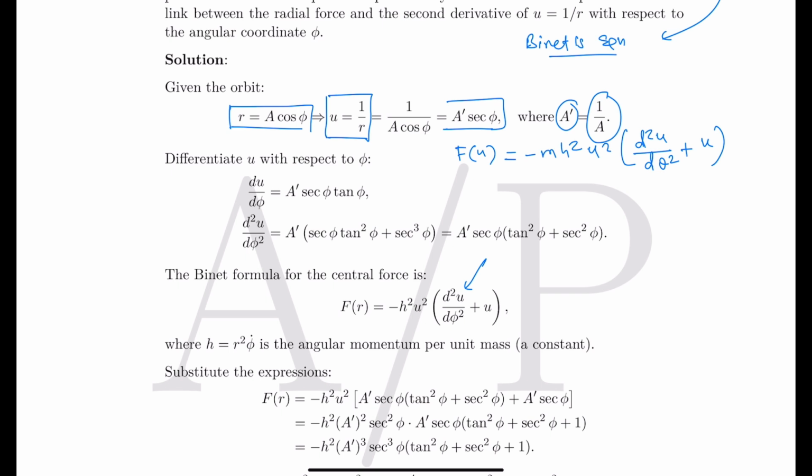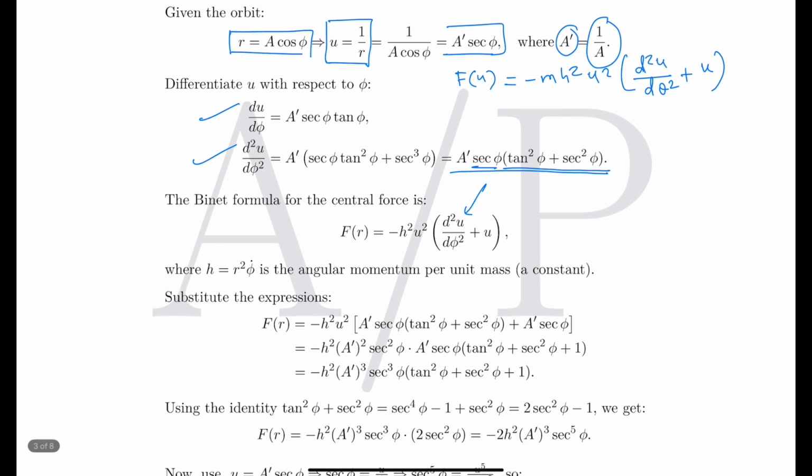Now we are required to find the double derivative to plug into this relation. So we need to calculate the single derivative of u with respect to psi and then the double derivative of u with respect to psi. We are not going to spend much time on differentiation because we all know it. So the double derivative of u with respect to psi will be a prime sec psi within brackets tan square psi plus sec square psi. Then we insert it into this relation, and we already know u is a prime sec psi.